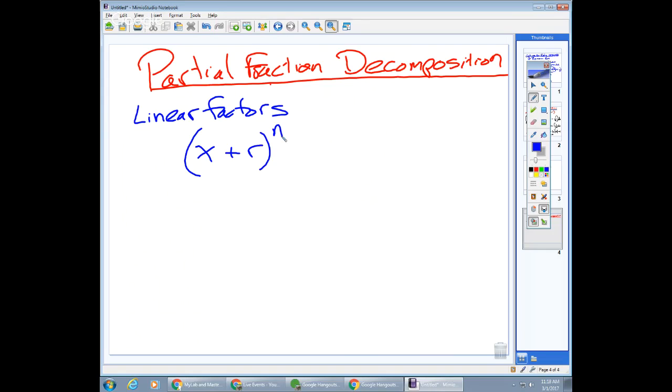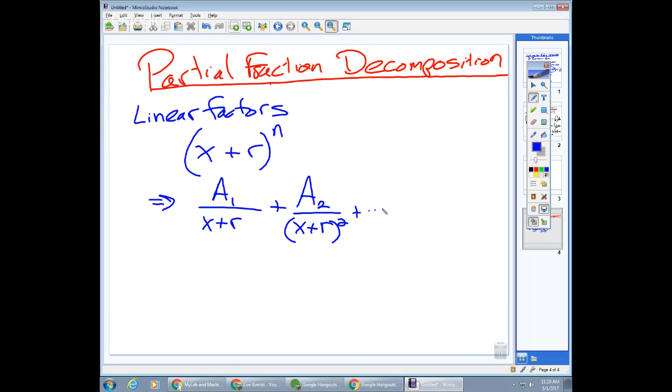If that's the case, then the theory goes that if that's a factor of the denominator, you can rewrite the rational expression as some number a1 over x plus r plus some number a2 over x plus r squared.